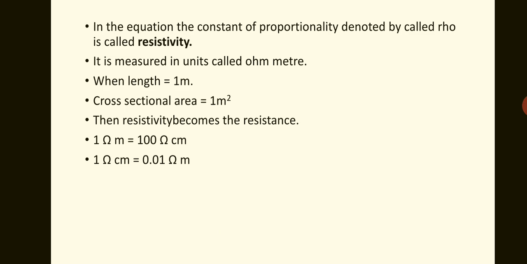When the length of the wire is 1 meter, or the distance between two electrodes is 1 centimeter, and the area of cross section is 1 meter square or 1 centimeter square in case of an electrolytic cell, then the resistivity becomes the specific resistance.